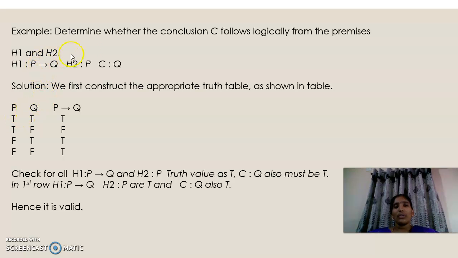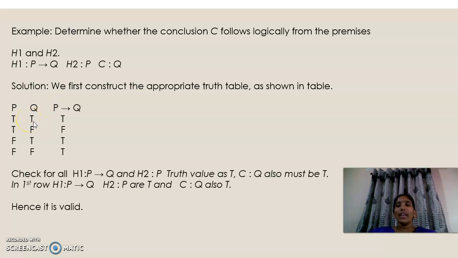First write down the truth table for these three. After that you have to identify H1, H2 and C. Wherever the premises, P conditional Q and P, both have true truth values, in that case the conclusion is also true.